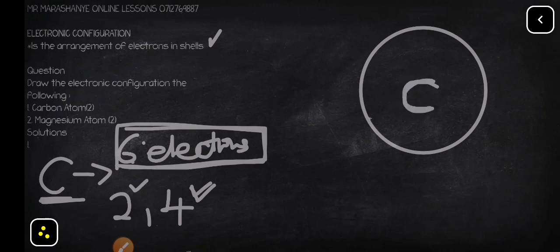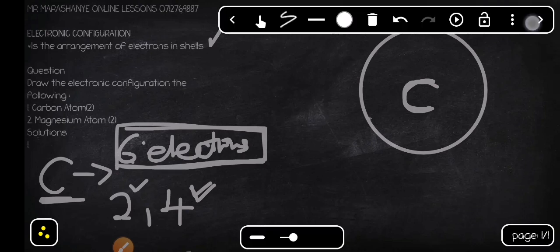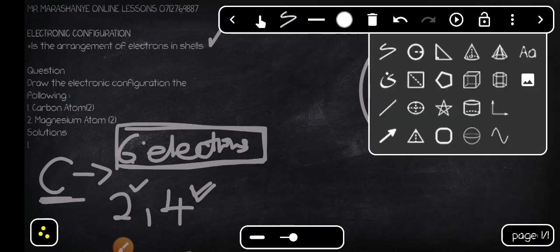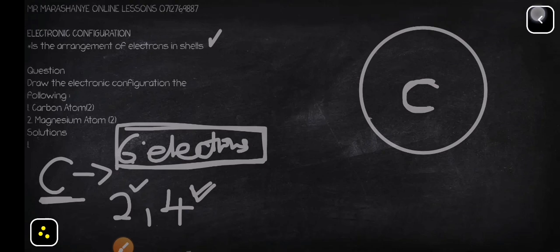Then after that, I'm going to put 2 electrons on the first shell. 2 electrons on the what? On the first shell. So let me draw another shell again.